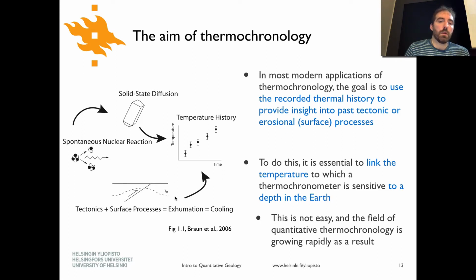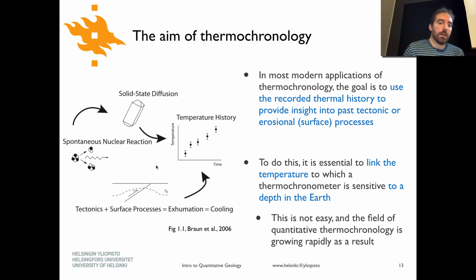So the general aim in most cases, as I've already mentioned, is to try to look at past rates of tectonic processes or past rates of erosional processes. And oftentimes the timescales we're looking at are millions of years. So these are things that aren't necessarily easy to study with other methods.